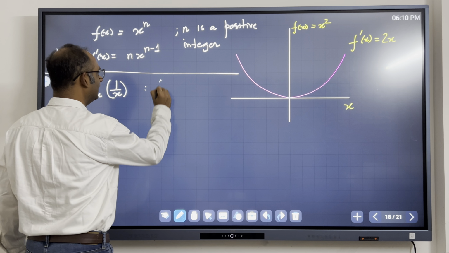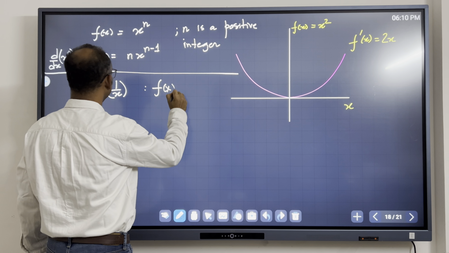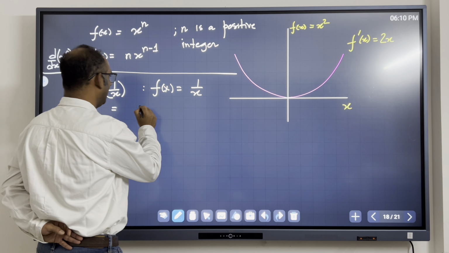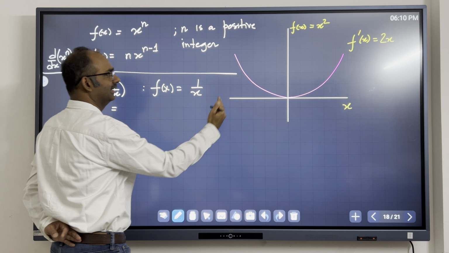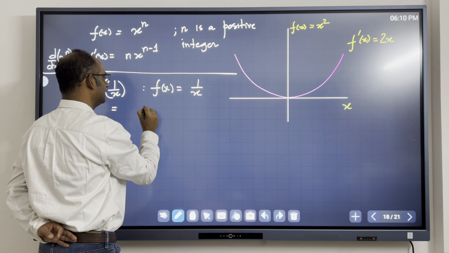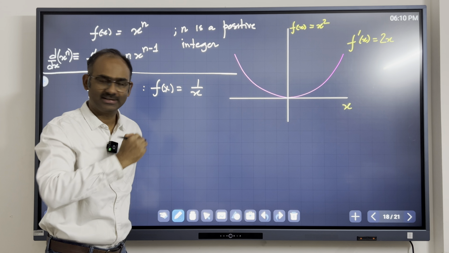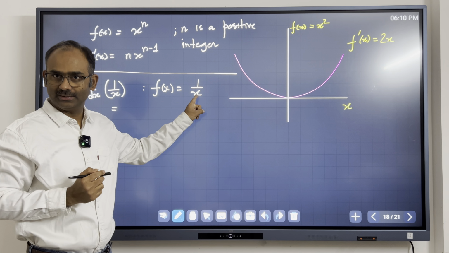So what's the function here? The function is 1 over x. So what is d over dx? Remember, I should take the function at a neighboring point, which is f of x plus h. In this case, f of x plus h is 1 over x plus h.